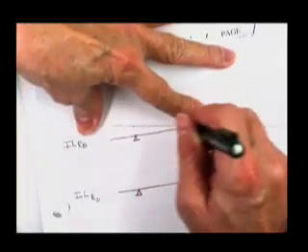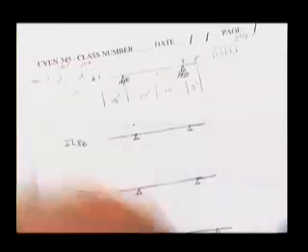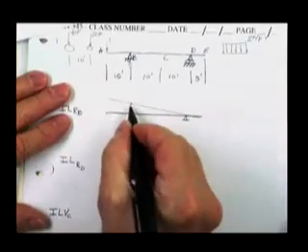There's the influence line for the reaction at B. This is the number 1.